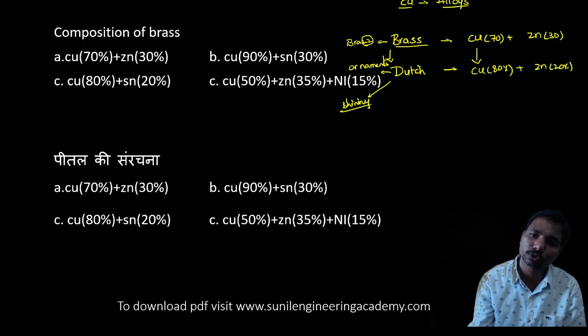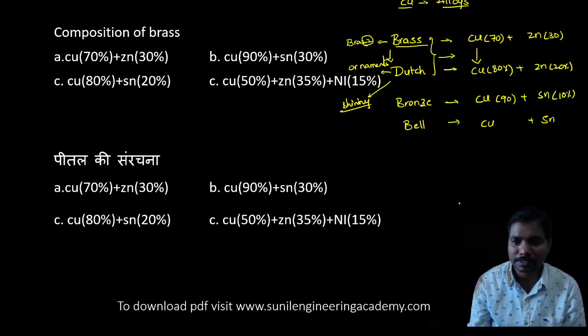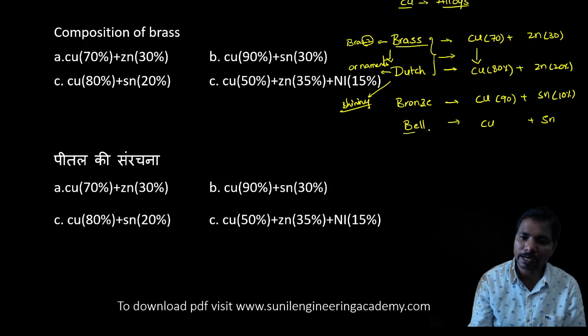Now bronze and bell metal: both are copper and tin. Here tin is nearly 8 to 10% and copper is 88 to 90%. Bells are used to make sound.